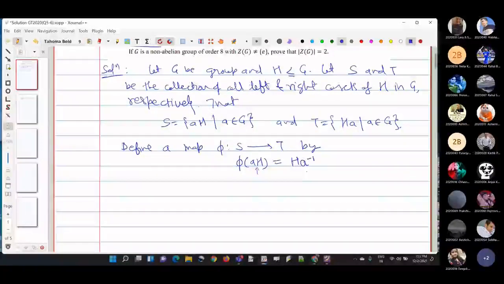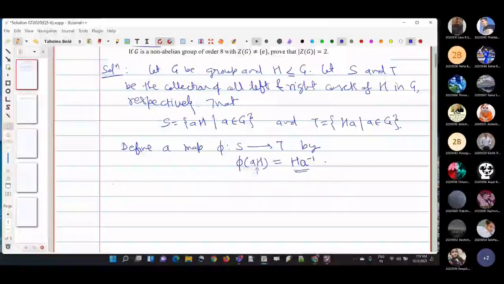With the help of the inverse of that particular element a, we are defining the right coset here. Fine. So now we need to prove that this function is 1-1 and onto. That means this is surjective.